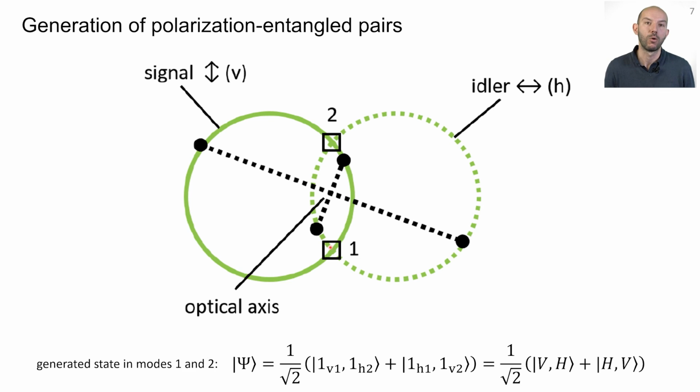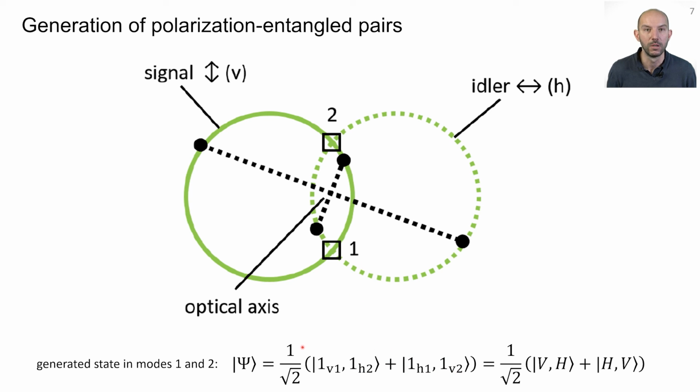Yeah? And if we now write this in the language of our quantum states that we discussed in the earlier modules, then we find exactly the state that we have down here, that we can have either one photon vertically polarized in mode 1, through this pinhole number 1, and the corresponding one photon horizontally polarized in the position 2, or the other way around.